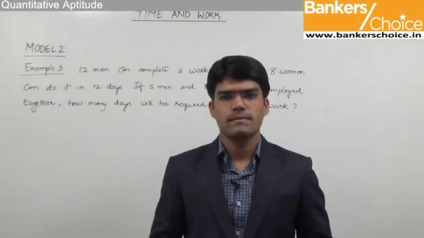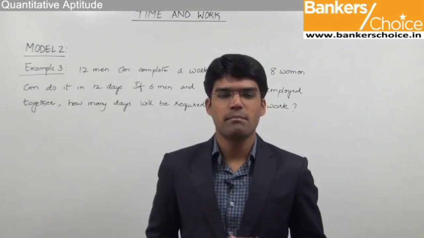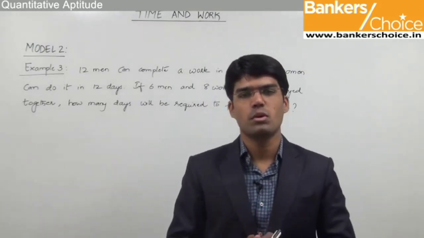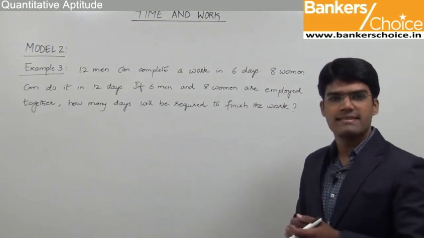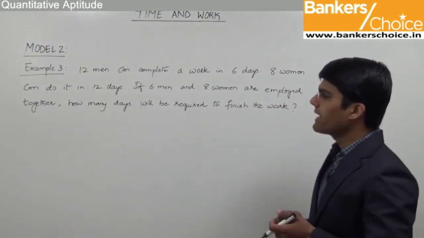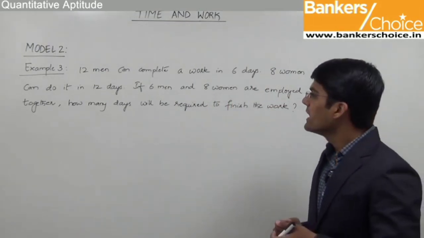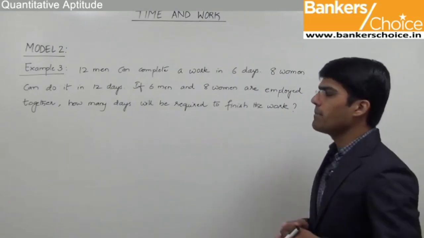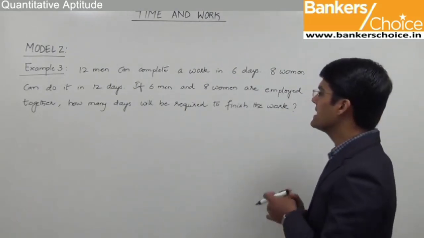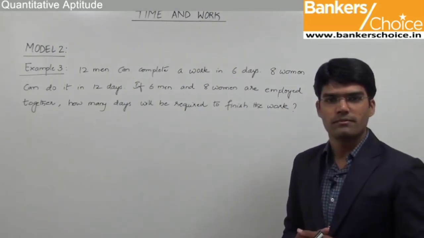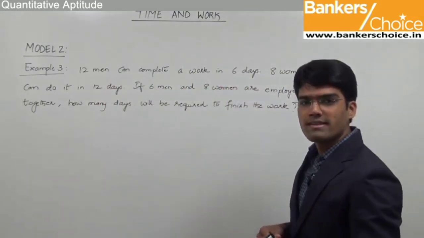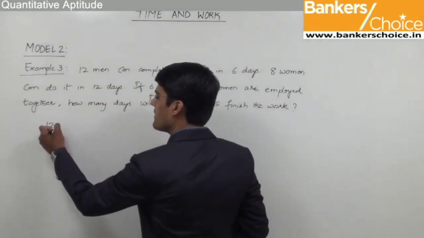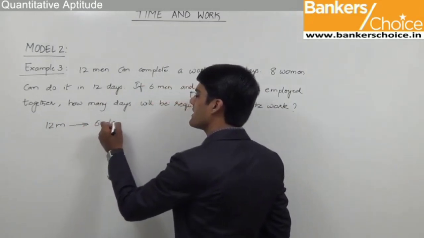Let us now take another example based on the concept of one day's work. The question here is: 12 men can complete a work in 6 days, 8 women can do it in 12 days. If 6 men and 8 women are employed together, how many days will be required to finish the work? As you can see here, 12 men can do a piece of work in 6 days.